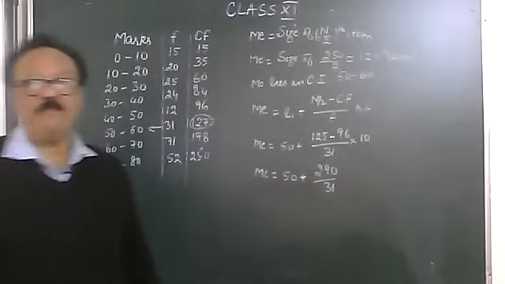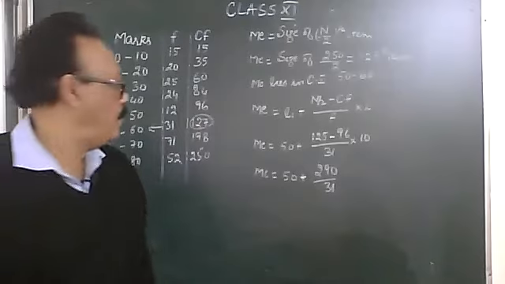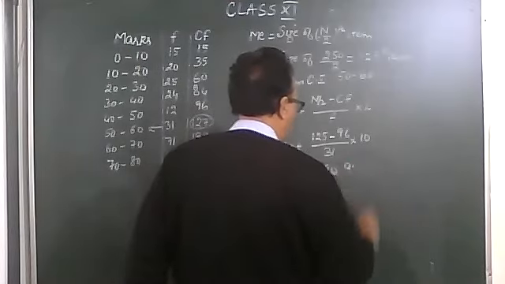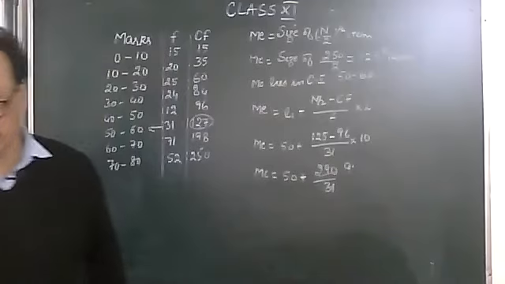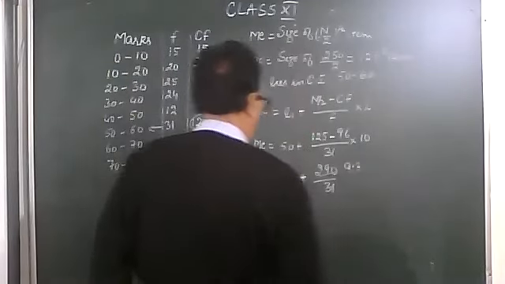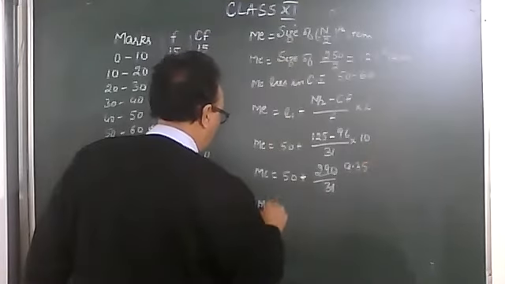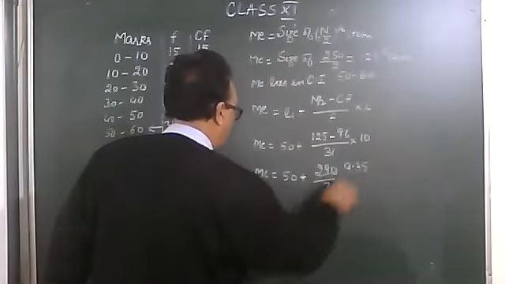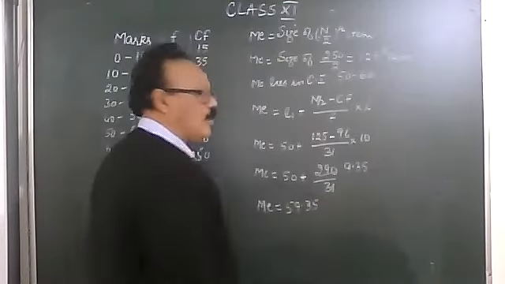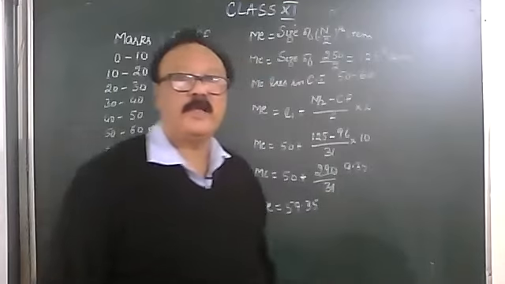If you take it in the rough and directly divide it, you will get approximately 9.35. Median is equal to 50 plus 9.35, that is 59.35.